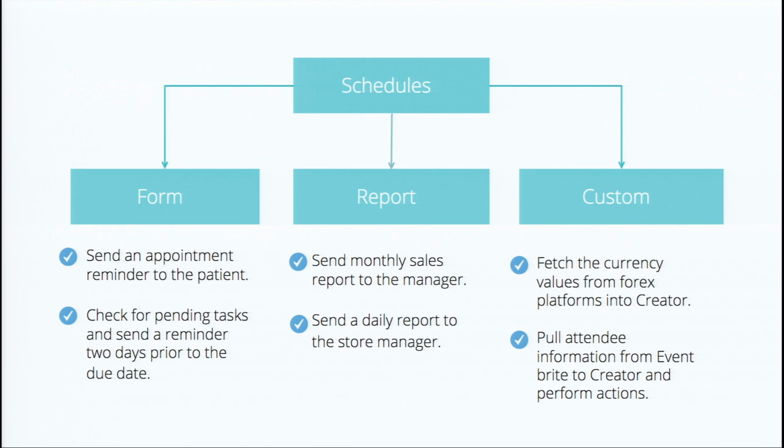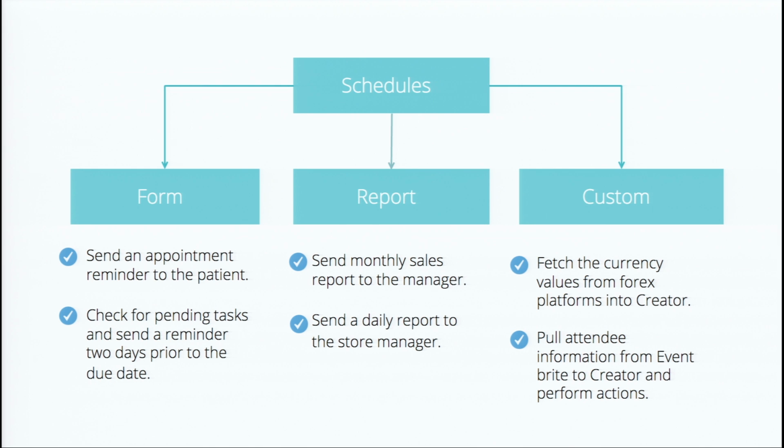Similarly, this is one interesting example. I believe most of you would have registered for the event using Eventbrite. As soon as you registered, on the next day, you would have got a pre-event survey. Eventbrite does not have the option to send that survey. What we did is, we integrated with Eventbrite and we used APIs to bring in all the data.